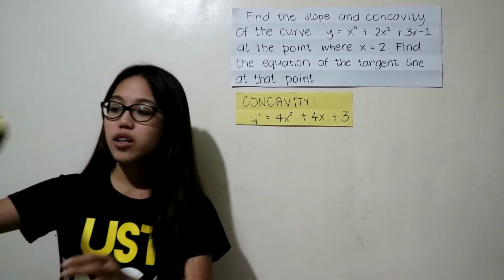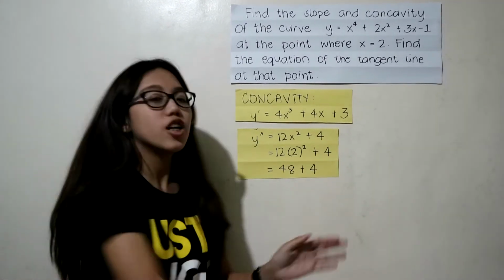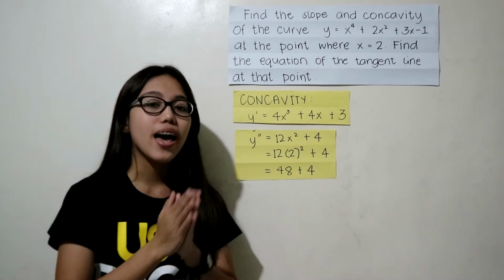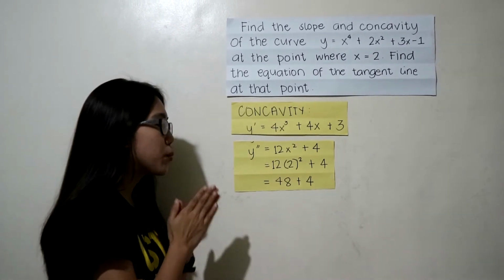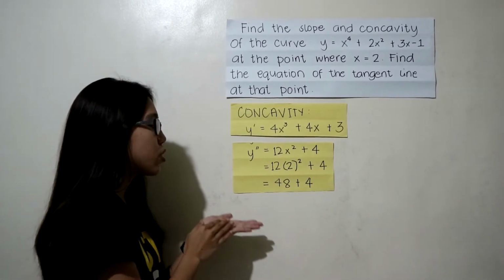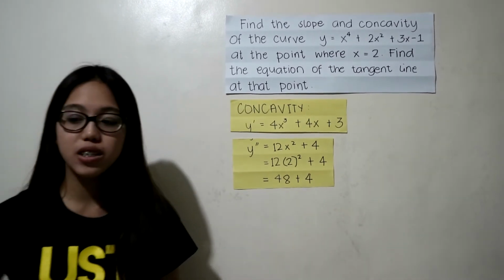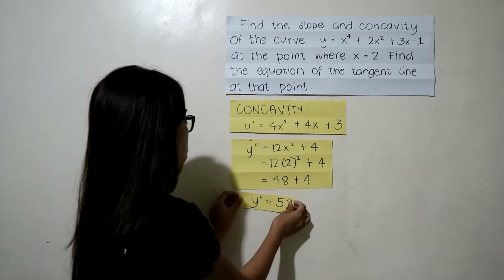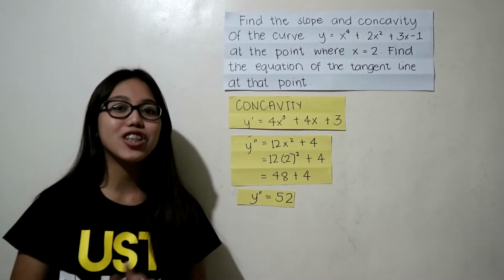So it would result in 12x squared plus 4, and we will substitute 2 for x, so it will be 12 times 2 squared plus 4, which is equal to 48 plus 4. So our concavity, or y double prime, is equal to 52.